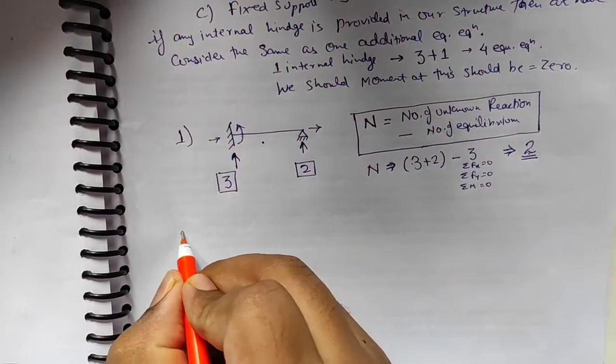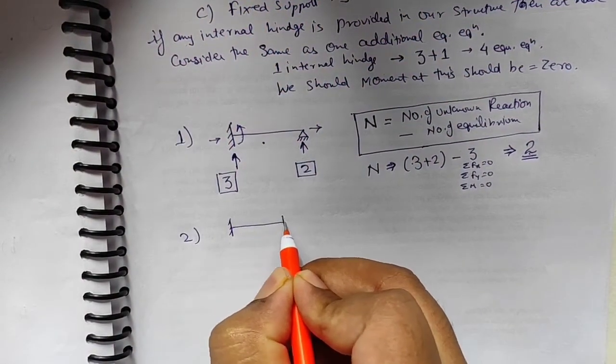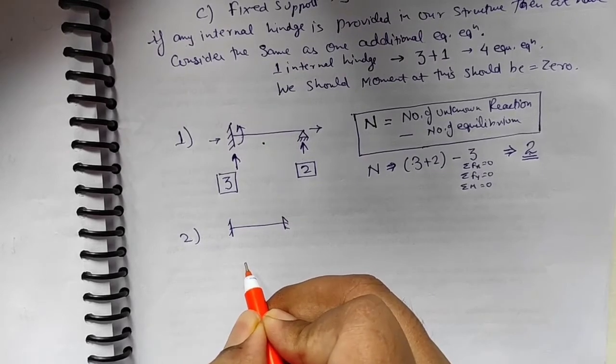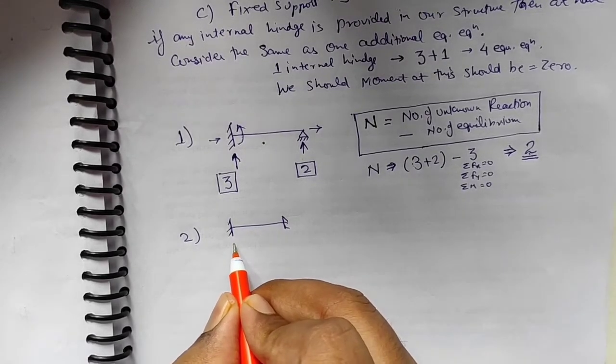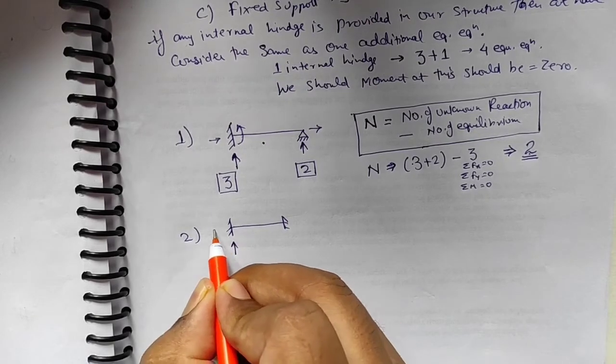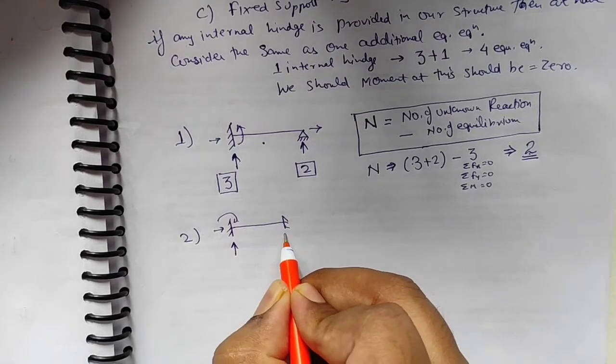Again, in the second question, both the ends of the given beam are fixed. In such a case we know that each fixed end will give us three unknown reactions.